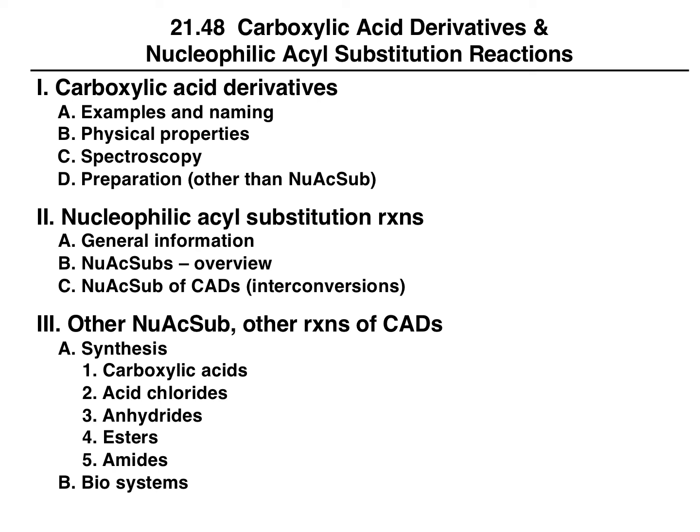I want you to be familiar with general information about carboxylic acid derivatives, be able to identify and name carboxylic acid derivatives, be able to compare their physical properties, be able to identify them using spectroscopic methods, and know about ways to prepare them other than through nucleophilic acyl substitution, as well as through nucleophilic acyl substitution.